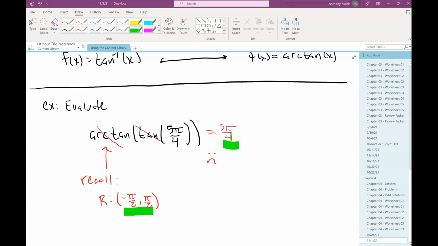So there's no way that tan inverse should be giving us 5 pi over 4. That's why that answer is incorrect and why we can't just cancel those things out all willy-nilly. Is that okay? So what should we do instead?